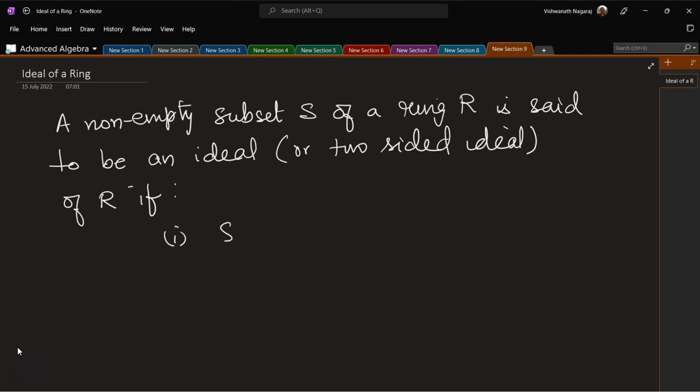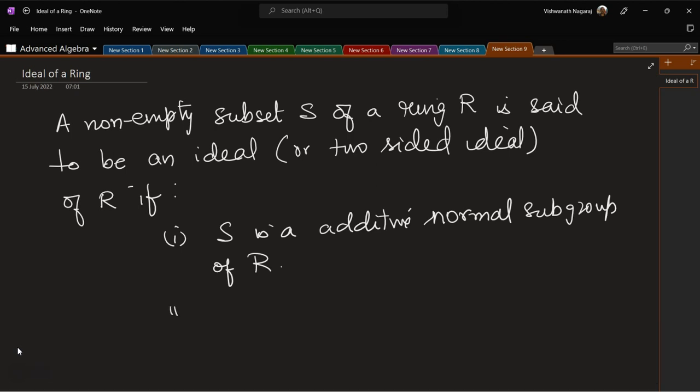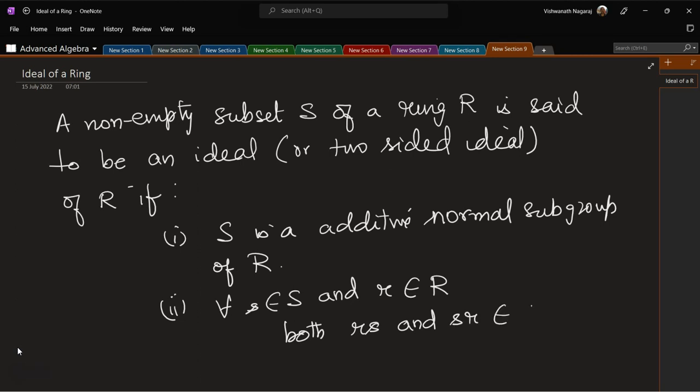One is that S is an additive normal subgroup of R, and the second is for all s belonging to S and r belonging to R, both rs and sr belong to S.